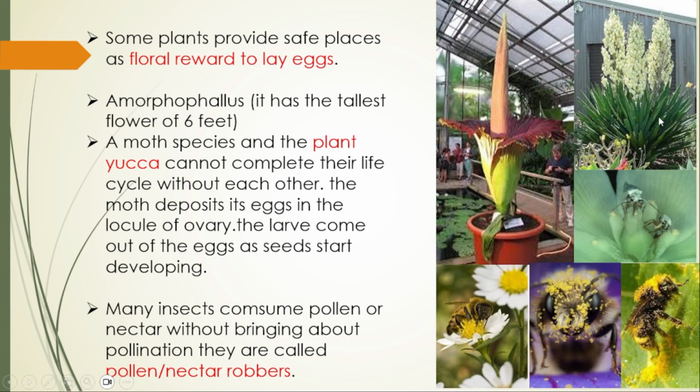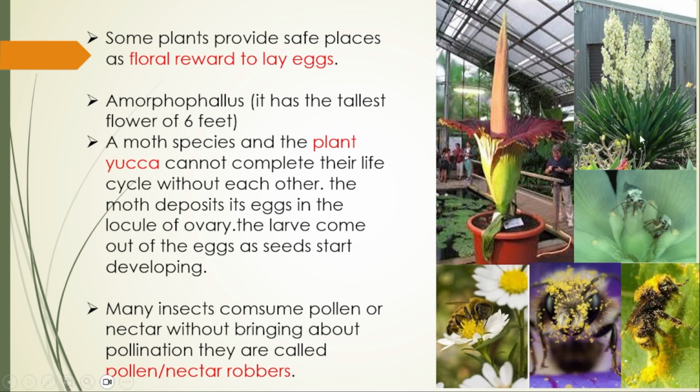Yucca plant cannot complete its life cycle without this moth, and this moth cannot complete its life cycle without this plant. How come? Because this moth deposits its egg in the locules of the ovary. Locules, that is the chamber, isn't it? Inside that chamber, this moth deposits its egg, and the larvae come out of the eggs as the seeds start developing.